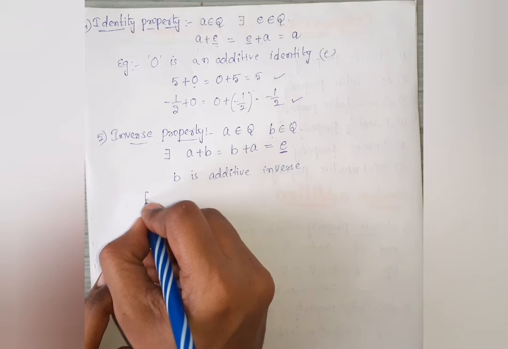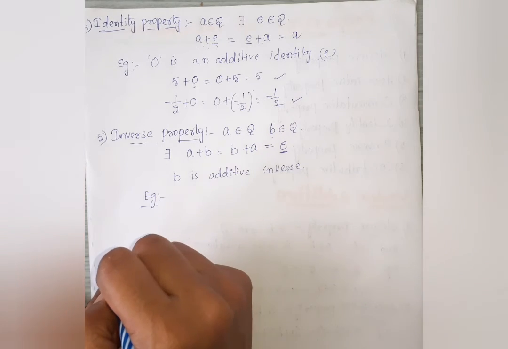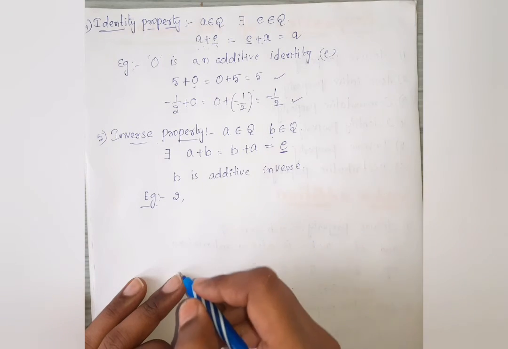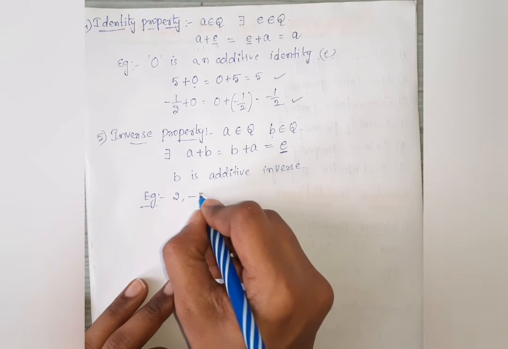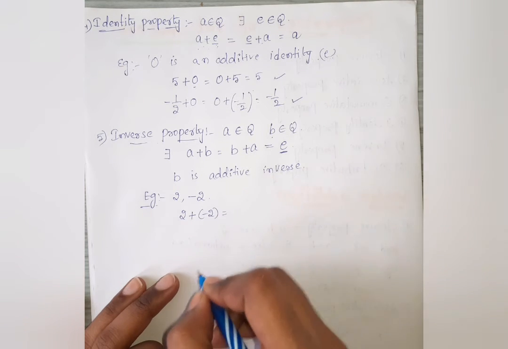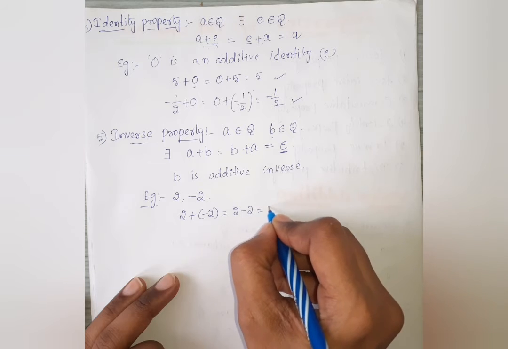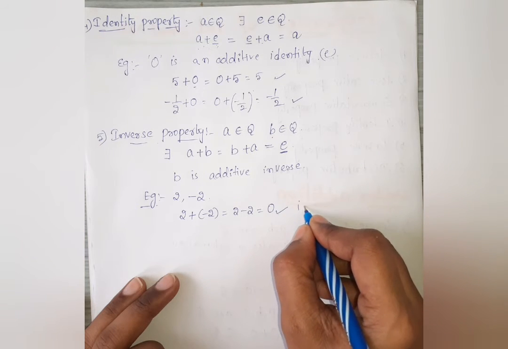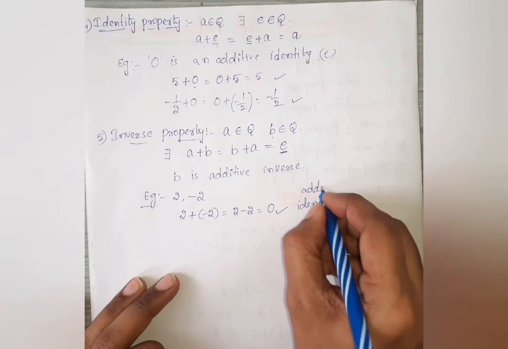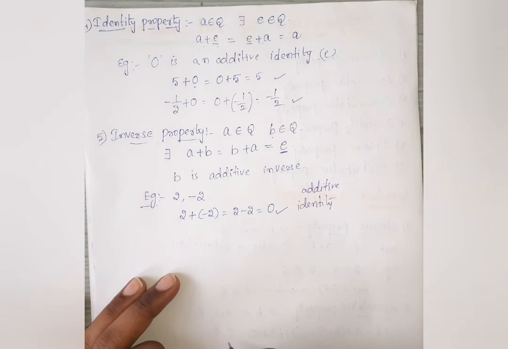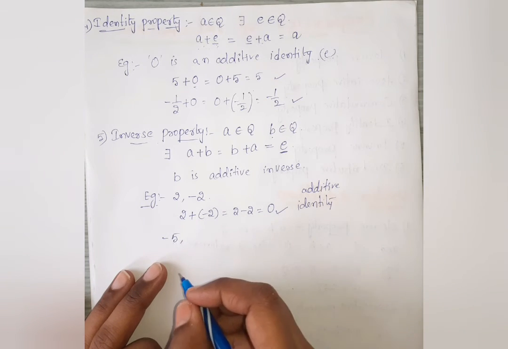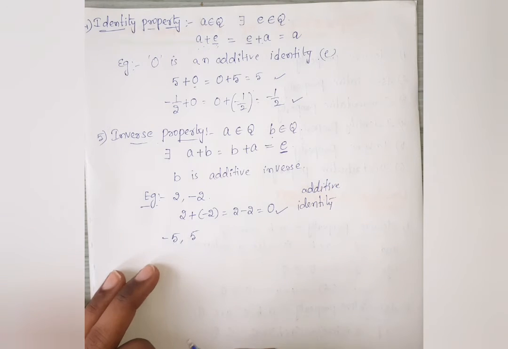Okay, you will understand by seeing the example. 2 is a number, and what is the additive inverse of 2? That is minus 2. If I add 2 plus minus 2, how much? 2 minus 2, which is 0. What is 0? It is the additive identity. Let me see one more. What is the additive inverse of minus 5? That is 5.